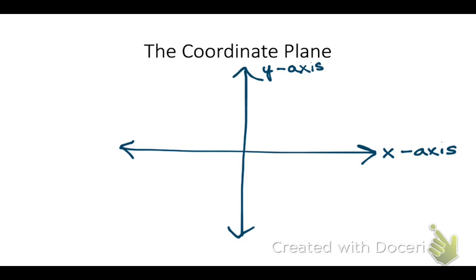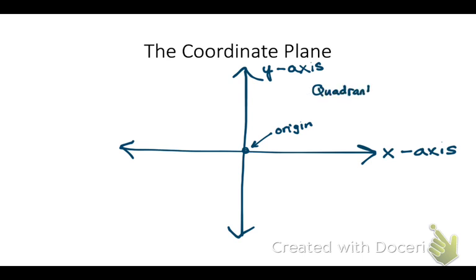Do we remember where the origin is? 0, 0. Good. So our origin is right here. Where's quadrant 1? Top right.